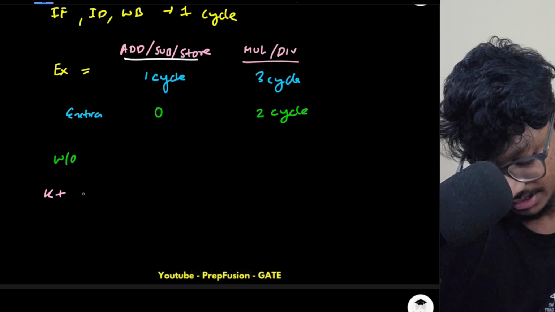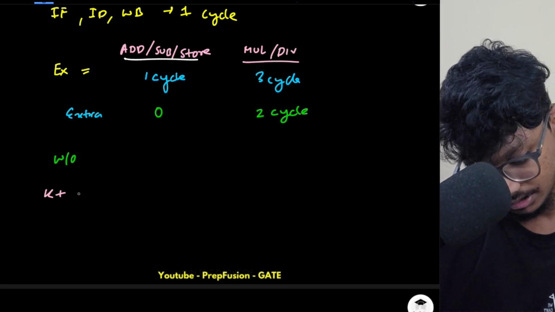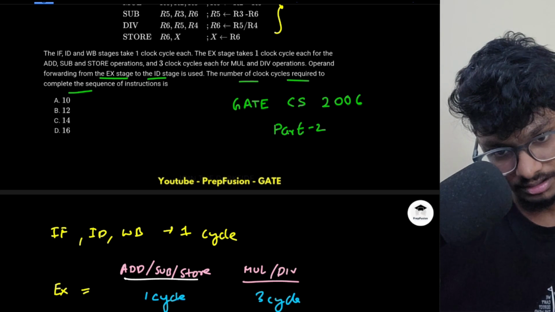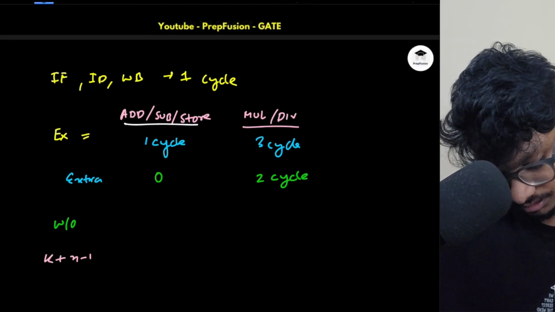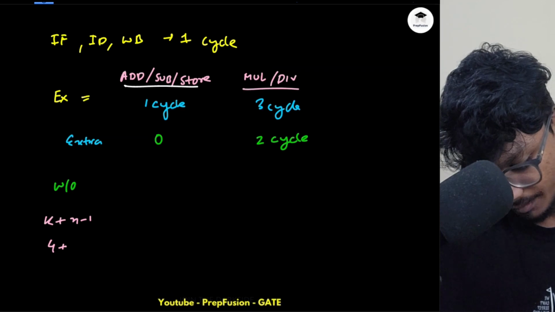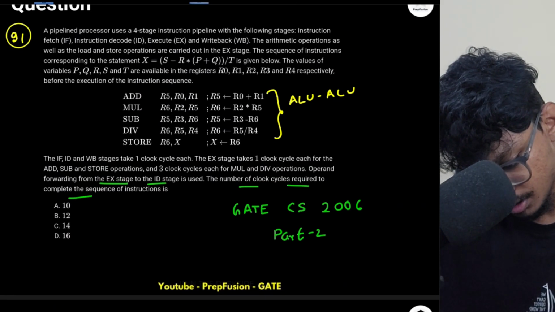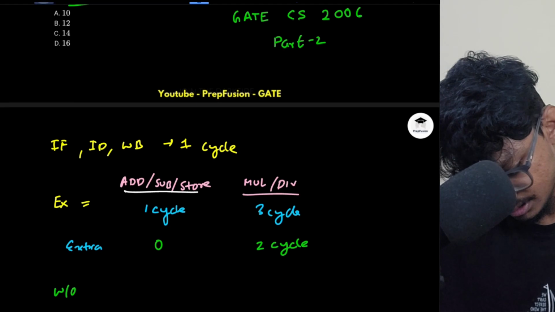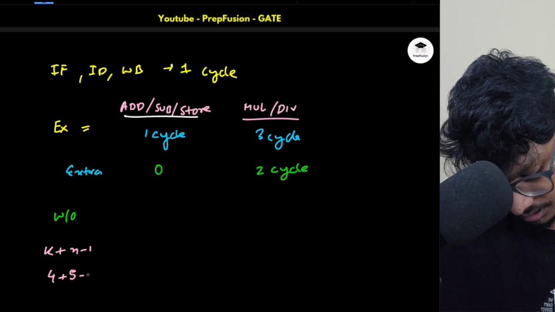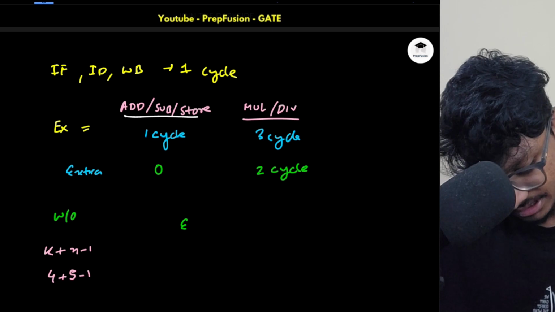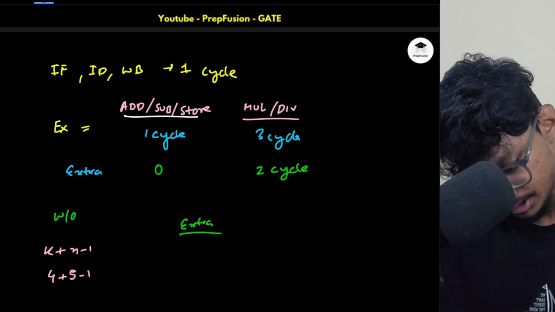Without hazard, it is k plus n minus 1, correct? It is a 4-stage pipeline. How many instructions do I have? Total 1, 2, 3, 4, 5. 5 instructions, minus 1, and extra cycles.